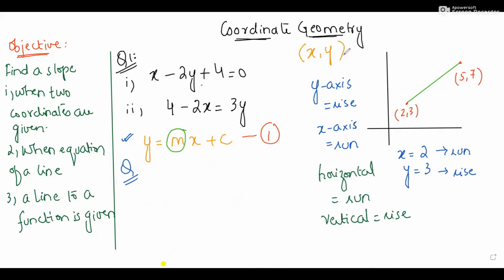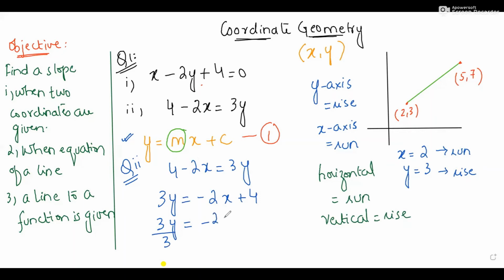If I arrange my equation, minus 2x equals to 3y, it will become 3y equals to minus 2x plus 4. Since you have to make the coefficient of y 1, you have to divide the whole equation by 3.